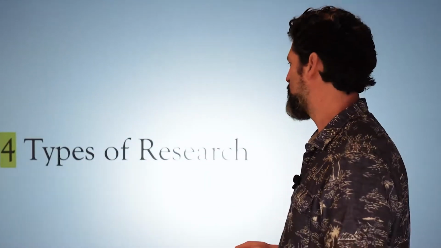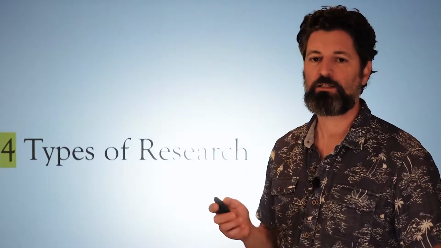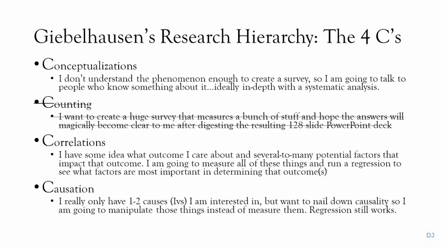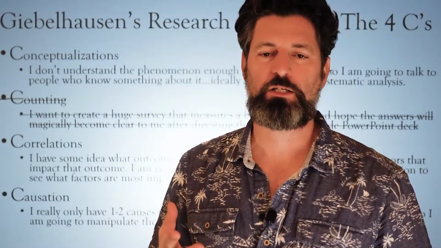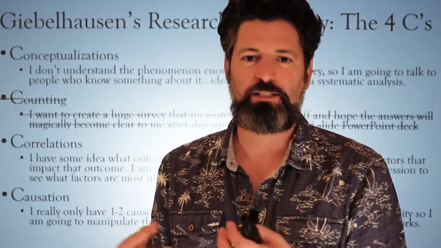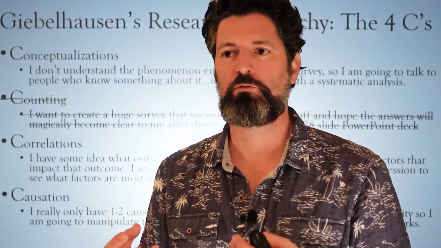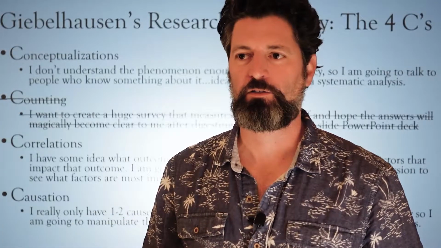All right, so again, we have sort of 4 types of research that I like to think about. And they're stacked up here in a hierarchy where we go from most fuzzy and nebulous down to the most precise. So we start off with conceptualization. Conceptualization is the situation where you really don't know what's going on, you don't even have a good sense of the area enough to formulate questions or scales and put them on a survey.